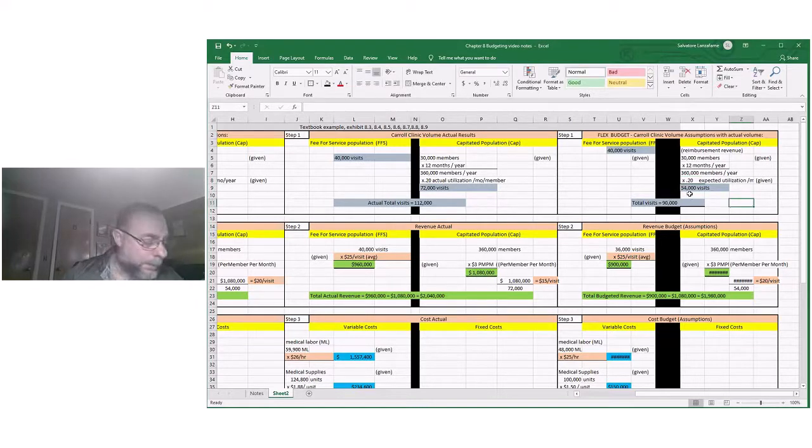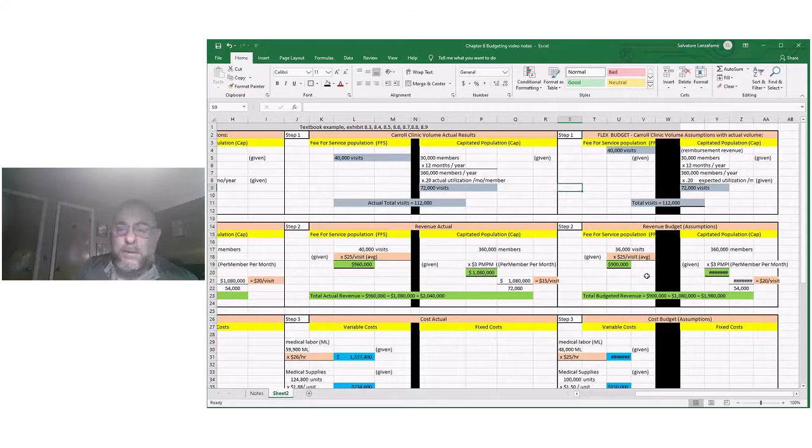So 360 times 0.20, that's going to give us 72,000. And our total is going to be 112. That's expected because we're keeping the actual volume. Remember, the actual volume was 40,000 visits and 72,000 visits, 112.